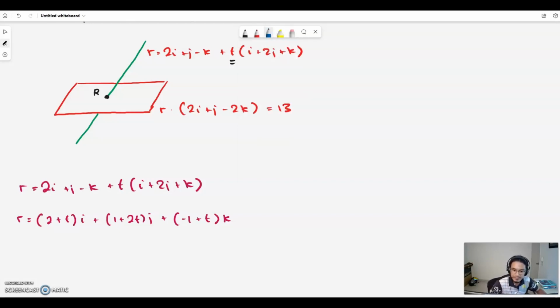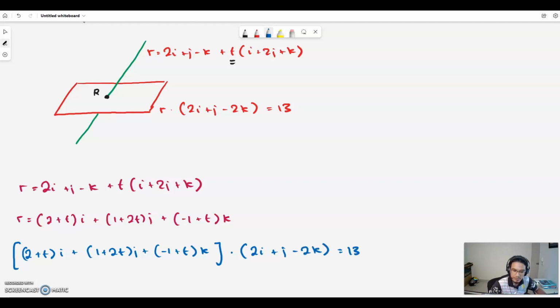Okay, now we substitute, and we will have the vector dot with 2i plus j minus 2k equal to 13.